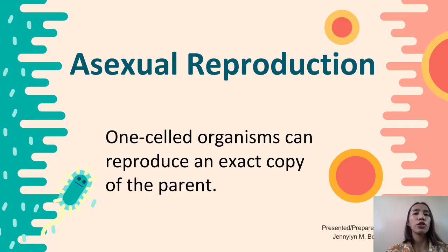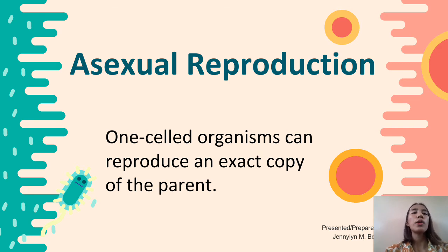Asexual reproduction, it is one cell organism can reproduce an exact copy of the parent. So, it requires only one parent, they can reproduce on itself. So because they can reproduce on itself, the offspring are exact copies of the parent.